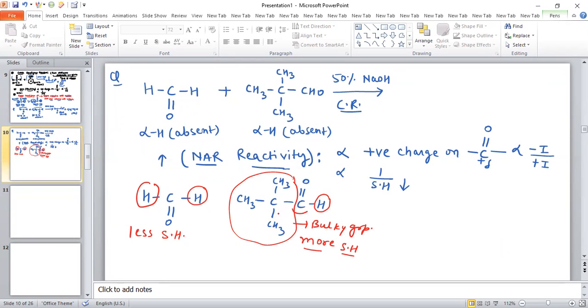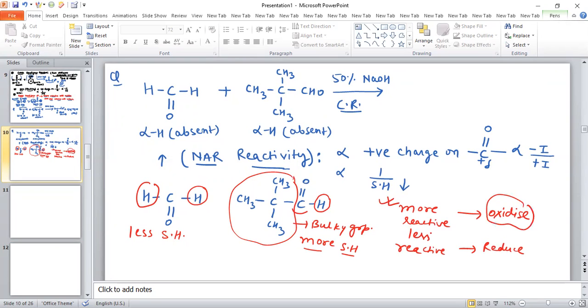We know less steric hindrance means more reactive. So the more reactive aldehyde will oxidize and the less reactive aldehyde will reduce.